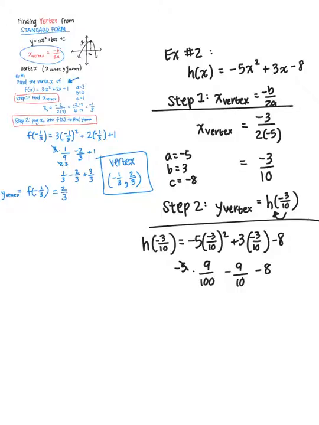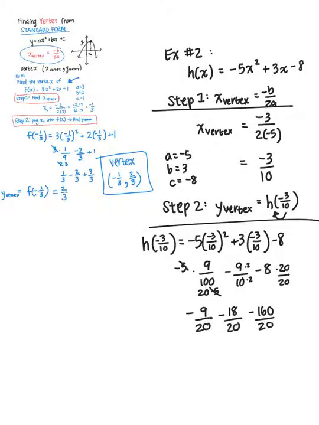We know 5 goes into 100 20 times. So this leaves us with negative 9 over 20. Because we want a common denominator, we're going to multiply the top and bottom by 2 to get negative 18 over 20. And multiply the 8 by 20 over 20 to get minus 160 over 20.